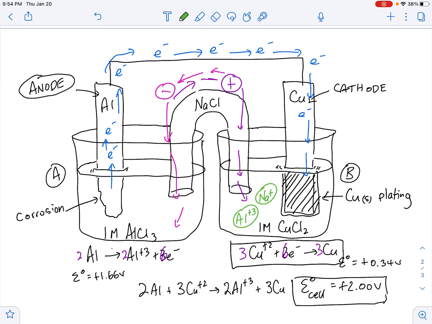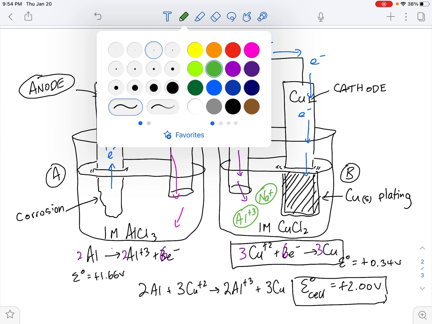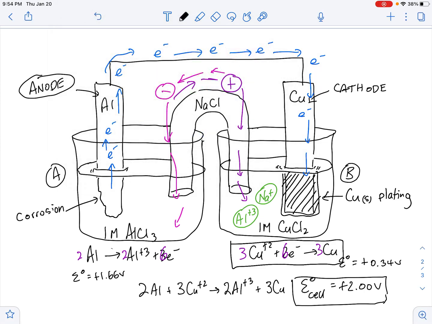Only a few of them, and depending on how long you leave this thing running, they'll actually start to go over there. And there could be a really tricky type of scenario where if the aluminum came into that other beaker, maybe it would start to precipitate with some ions, and you might start seeing a precipitation occur. That'd be kind of an interesting scenario.